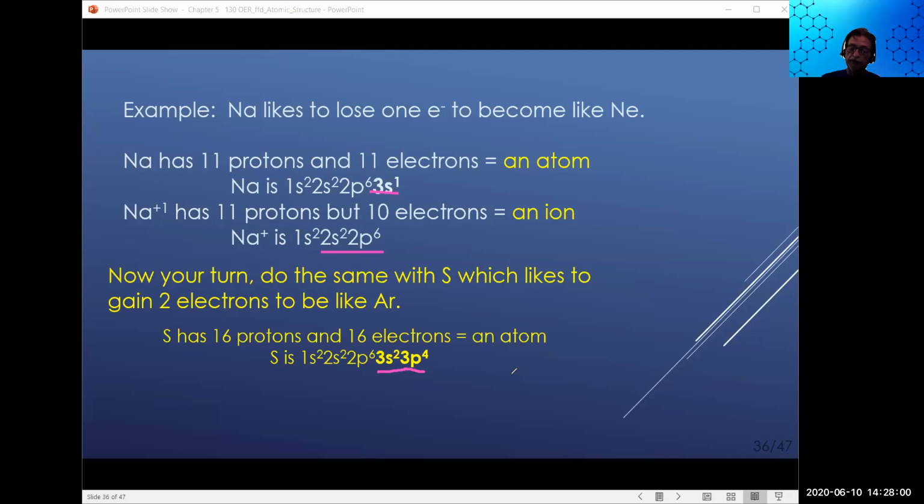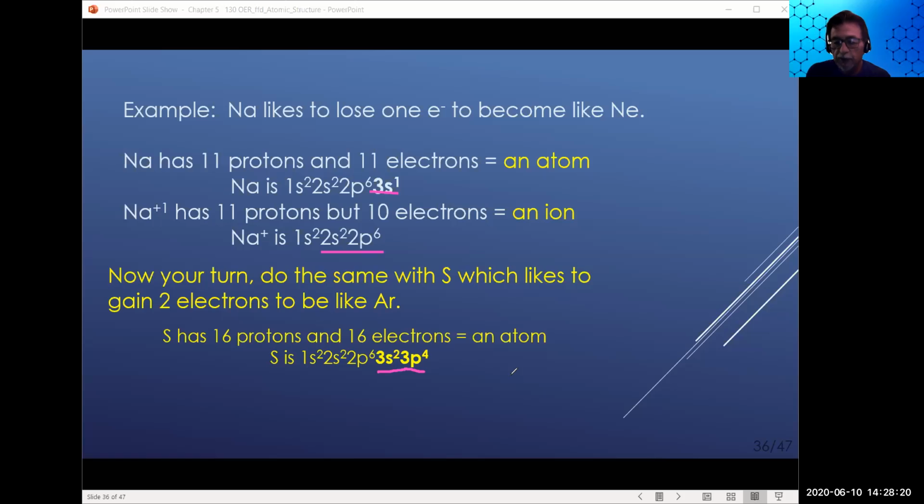Okay, total 6 electrons. Now, ask yourself the question, energy-wise, is it easier to get rid of 6 or pick up 2? Well, in this case, it's much easier to pick up 2 electrons.